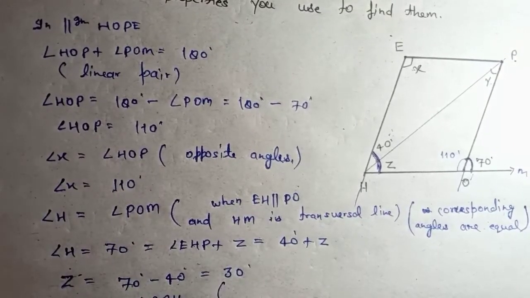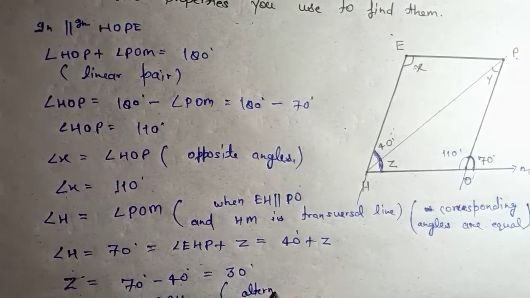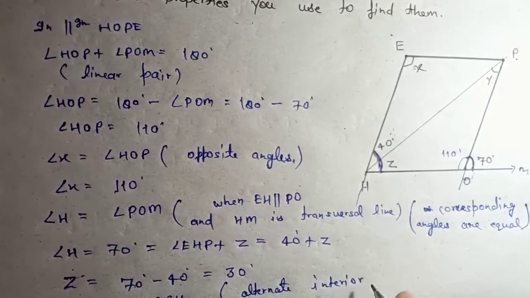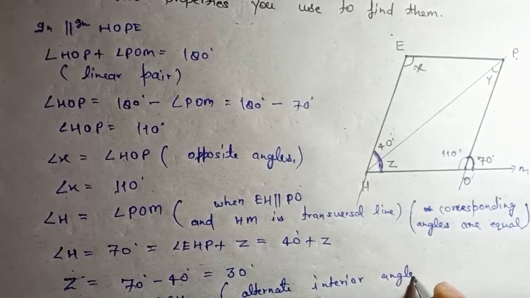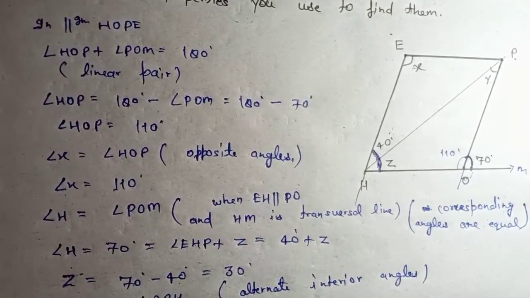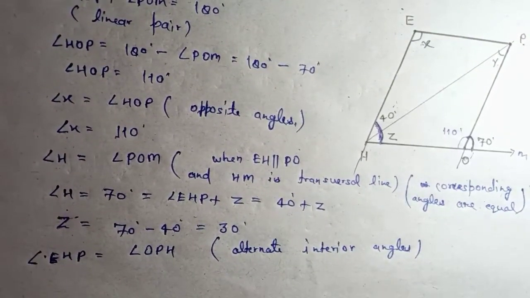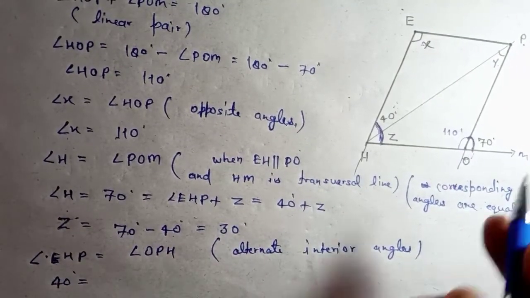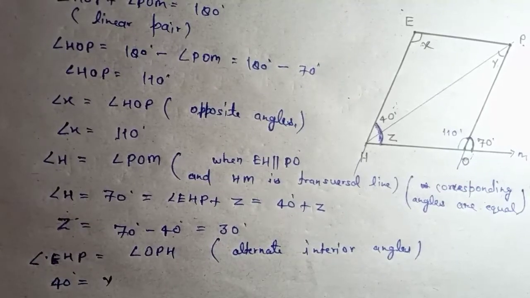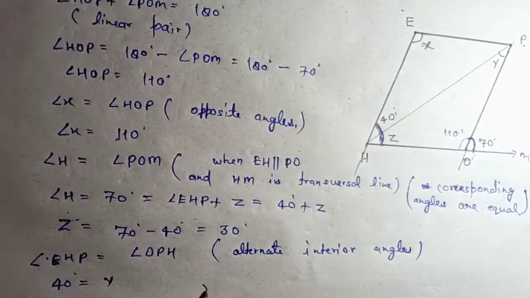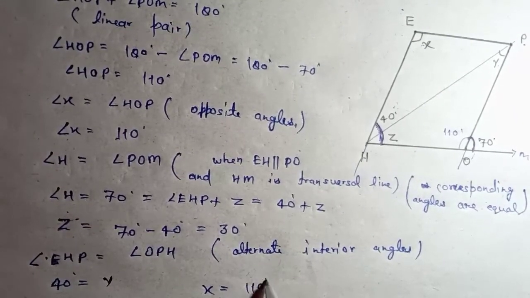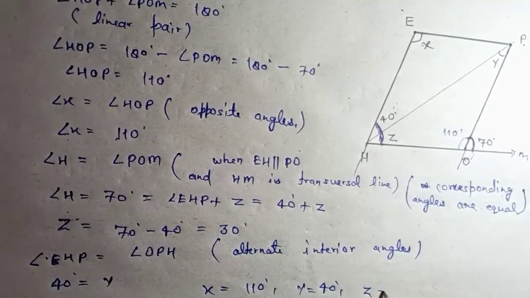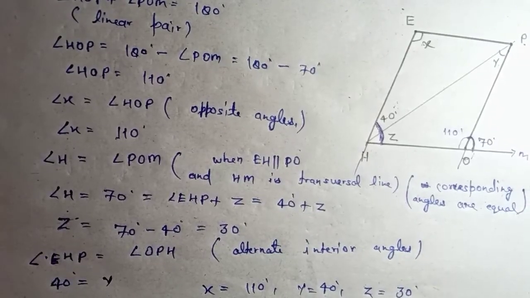Why? Because they are alternate interior angles. So we can write 40 degrees is equal to Y. Now we have all the answers. X is equal to 110 degrees, Y is equal to 40 degrees, and Z is equal to 30 degrees.